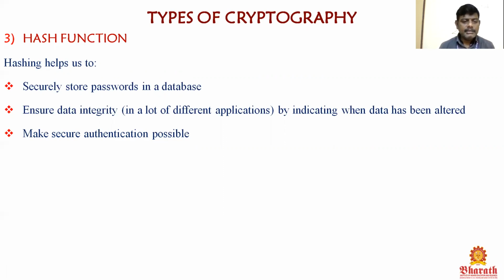I have a mail ID and I have a password. I have to ensure no one else can access it. I have to ensure my privacy and my security. All the content, whatever mail I have, is purely secured. I have to ensure this with the help of hash functions.